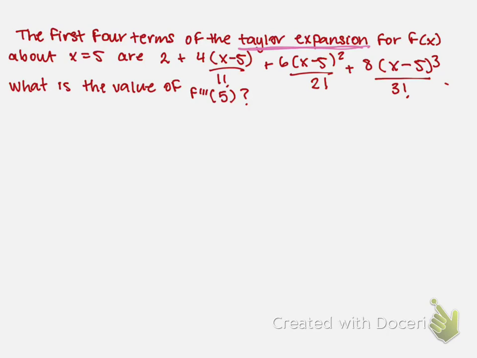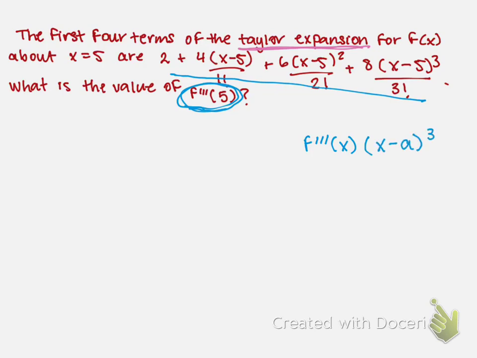Because we already went over the Taylor series, I won't write it out, but we are given the Taylor expansion, which is this, and we are trying to find f triple prime of 5. So what we're going to be looking for is f triple prime of a times (x minus a) cubed over 3 factorial.